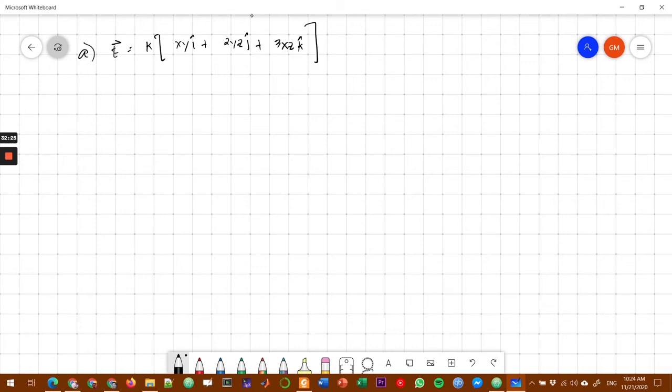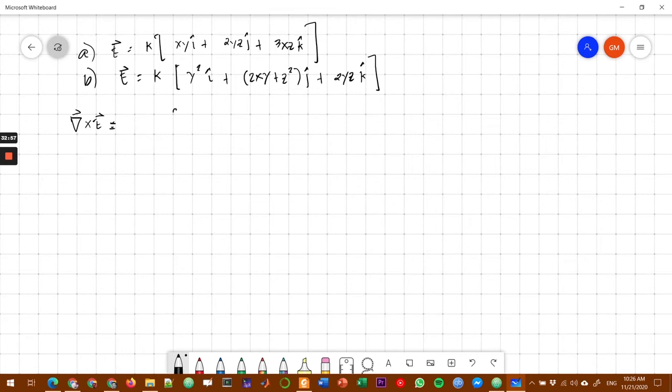Then there's B. Okay, let's take the curl of the first electric field. Del cross E. We have to solve this curl, although it is somewhat laborious, full of labor.